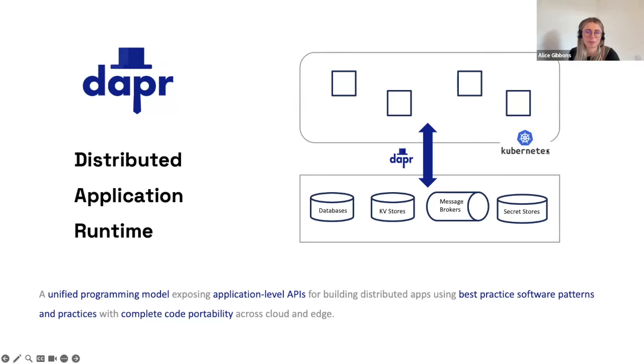Dapr is providing an abstraction in between the underlying infrastructure and your applications. This is the problem set that Dapr means to solve: removing some of the complexity from developers while still enabling them to build applications using microservices and distributed systems best practices.